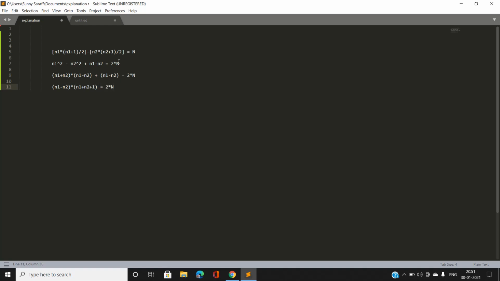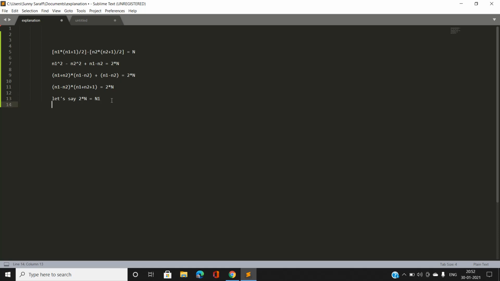Now you are going to factorize this value. Let's write 2 into capital N as N1.